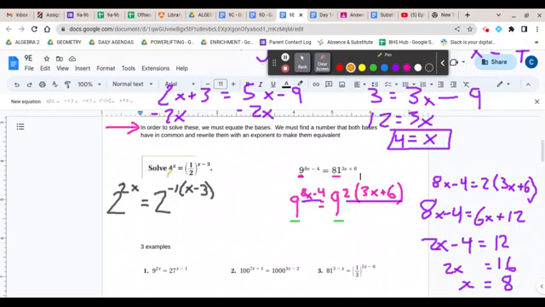Okay, so we change the 4 to 2 squared, and we change the 1/2 to 2 to the negative first. Since they both have 2, we can take the exponents and equate them. So we'll take the exponent here of 2x, and we're going to equate that to negative 1 times x minus 3.